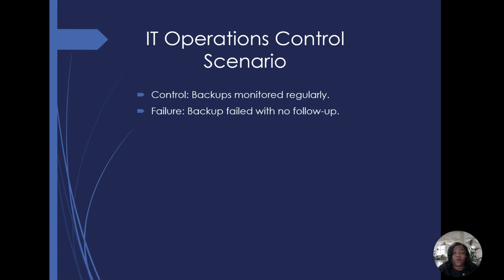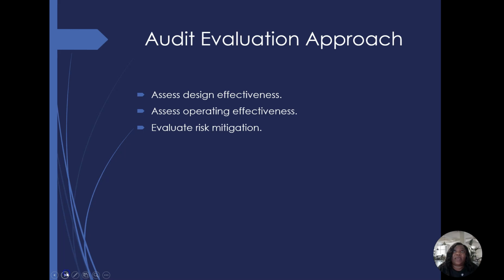I've gone through the three different ITGC domains. I've talked about a few control types and what failure would mean. So I want to believe this will give you a clear understanding of how to identify a control failure. In all of these scenarios, the approach should be assessing both design and operating effectiveness.